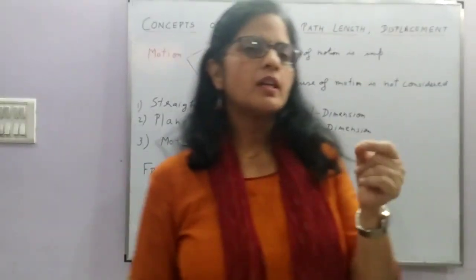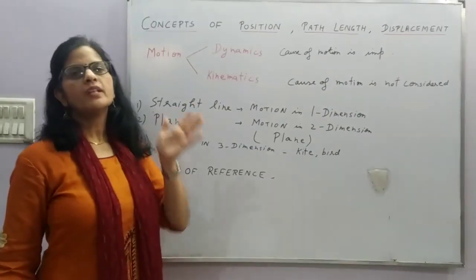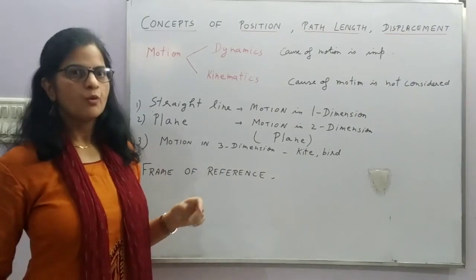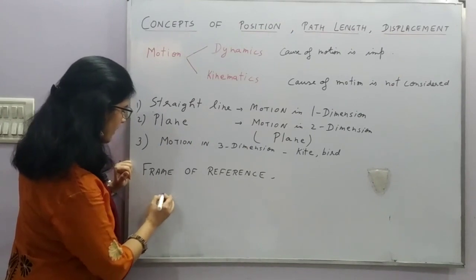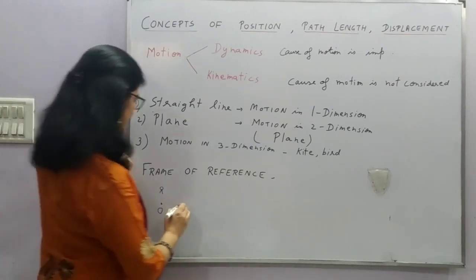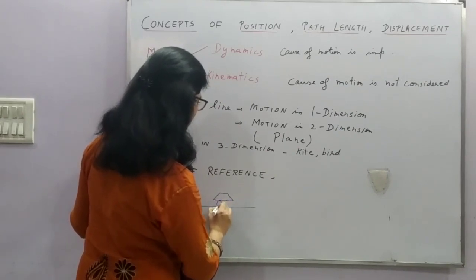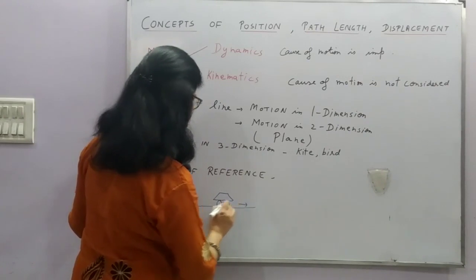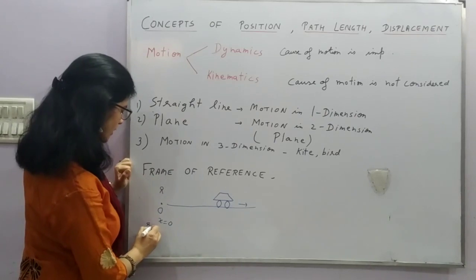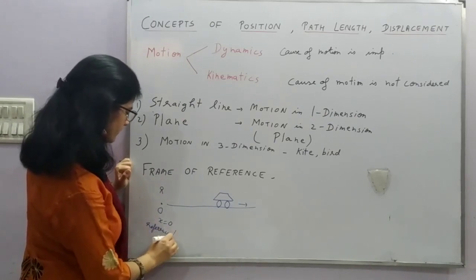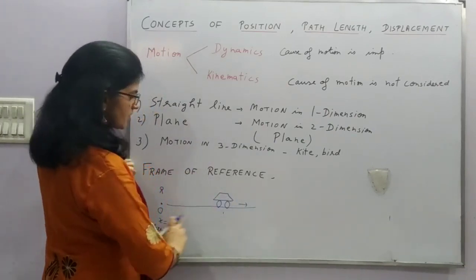Now we come to the concept of frame of reference, which you have studied in 9th standard. A body is said to be in motion when it covers some distance with respect to some reference point with time. Like, if we have a point O and an observer standing here, and a car which is moving on this road, then with respect to this reference point, the car is covering some distance.